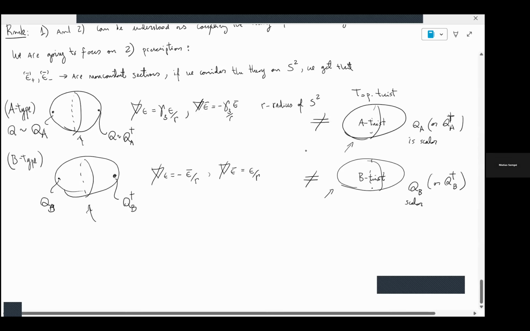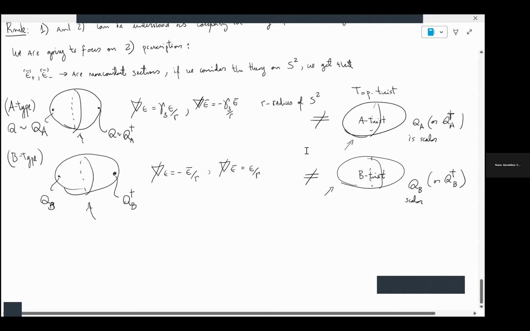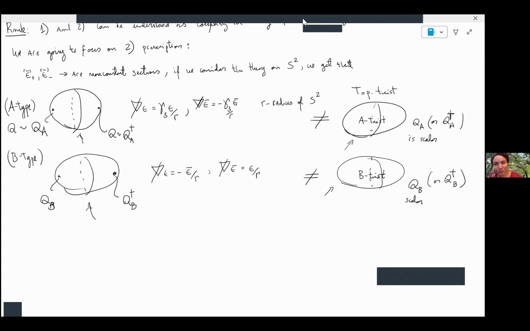Okay, thank you. So I have a short question. When people do this localization computation, for example for mirror symmetry, on the sphere, you say that these are different partition functions, that this is a different theory.